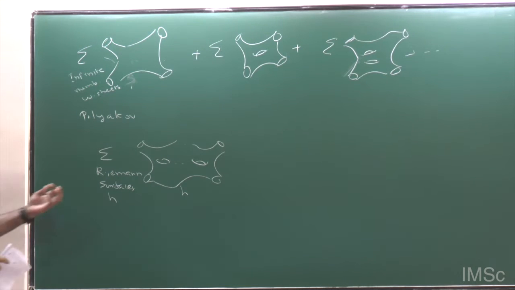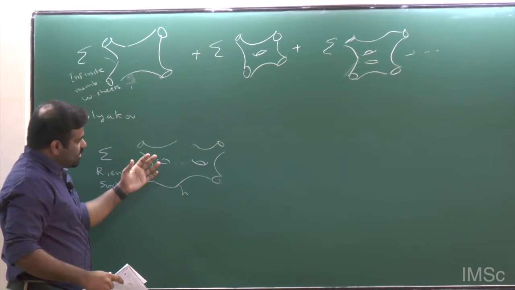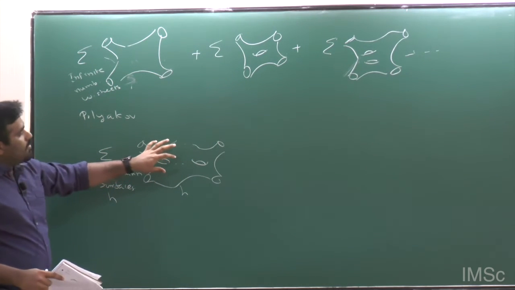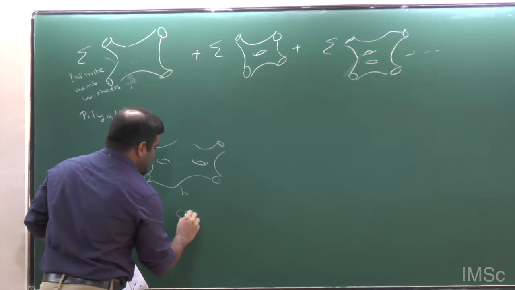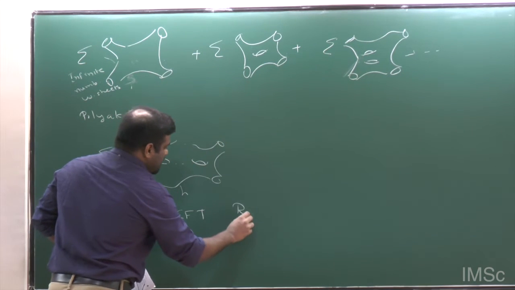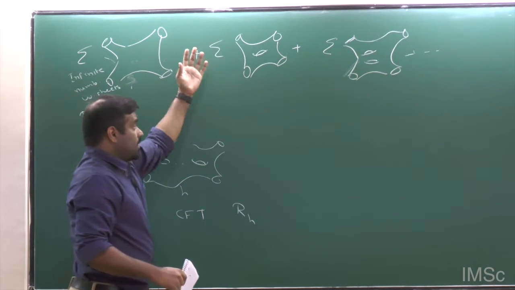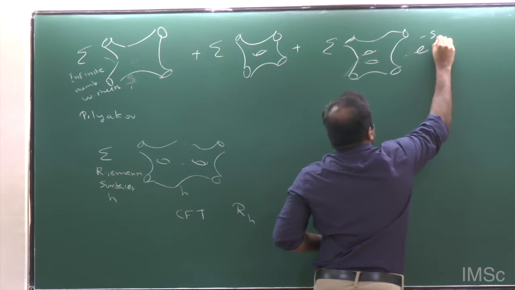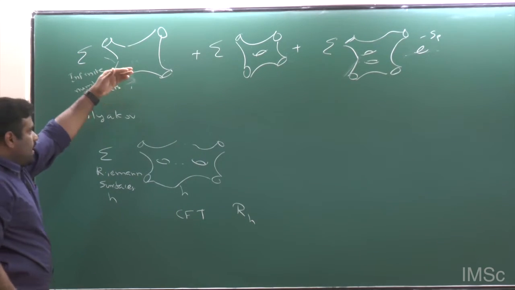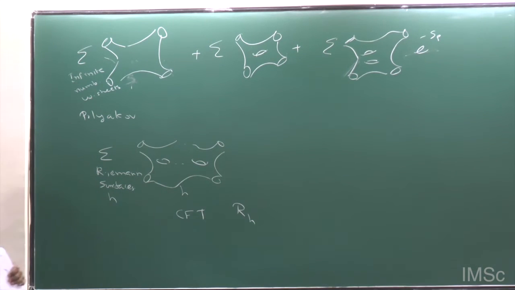Moreover, this summation, like I said, reduces to a summation over Riemann surfaces. On top of it, you have to consider a particular conformal field theory on each Riemann surface. So you have a CFT on each Riemann surface having, say, h number of handles, and each world sheet comes with a phase factor, which is the Polyakov action, when you do the path integral.